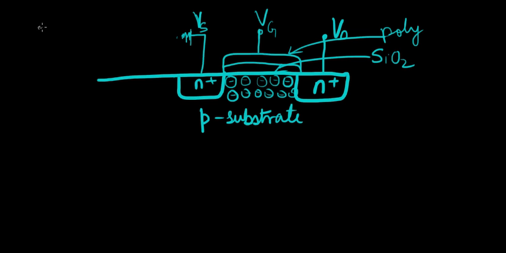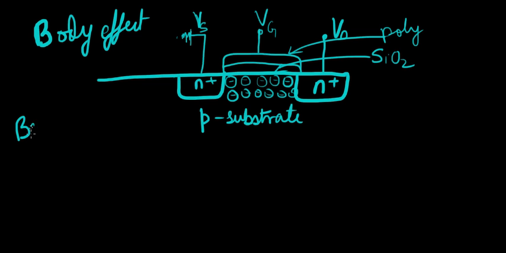So this one is going to talk about one very important effect called the body effect. It's also called the back gate effect. When you look at a MOSFET, the source and the drain are reverse biased.